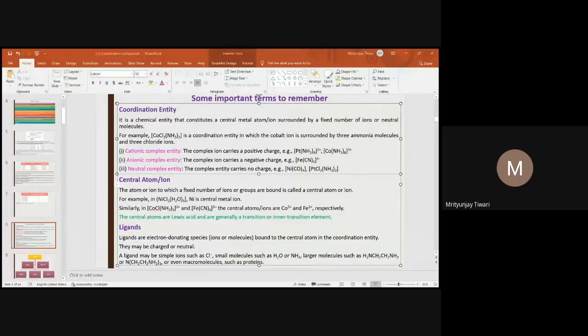Similarly, if you look at thiocyanate, SCN minus, this is the thiocyanate ion. Sulfur also has a lone pair of electrons, and nitrogen also has a lone pair of electrons, so both can act as a donor.